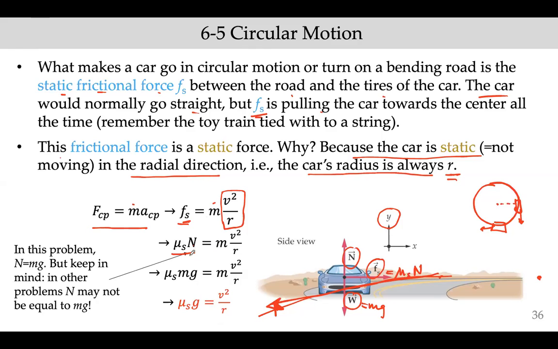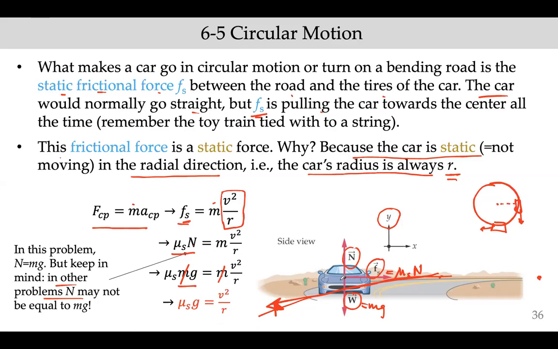So then normal force is mg in this problem, but keep in mind, in other problems, normal force may not be equal to mg. In fact, you have seen examples where sometimes normal force is mg times cosine theta, or it could be something else depending on if there are external forces. But in this problem, mg. Okay, so now I can cancel these m's. So the final result is mu s times g equals v squared divided by r.